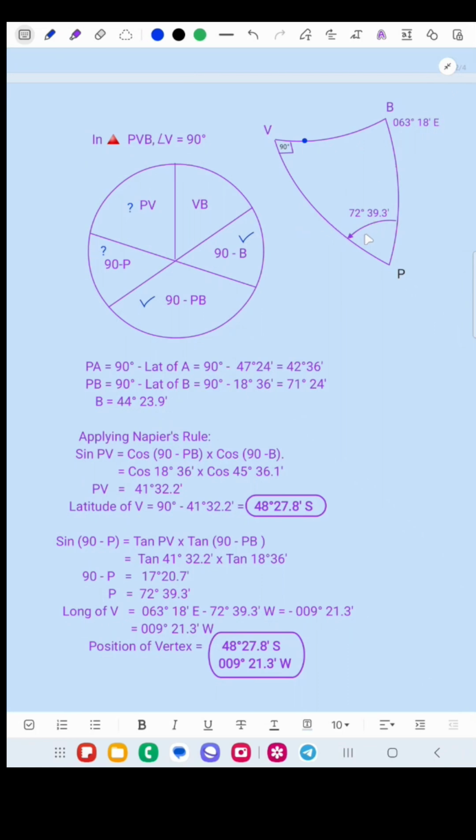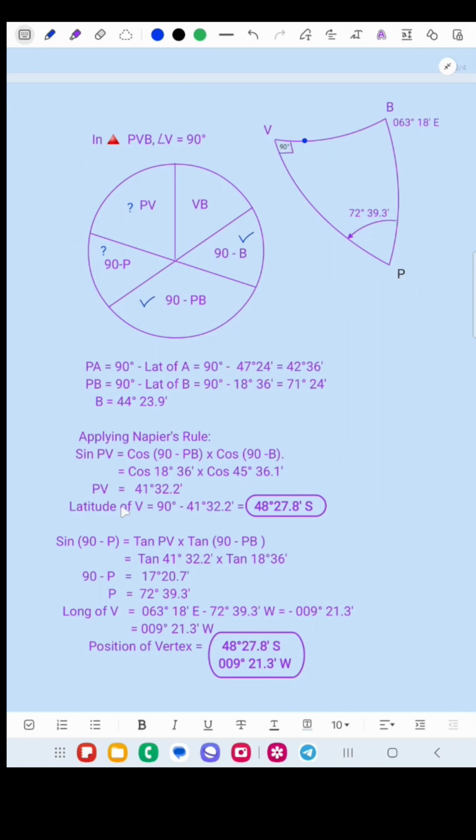So in order to find out the longitude of the vertex, if we start coming to the west, B is 63 degrees 18 minutes east, and if we come from here 63 degrees, then it will be 0 here, and the remaining 72 degrees 39.3 minus 63 degrees 18 minutes is around 9 degrees 21.3.